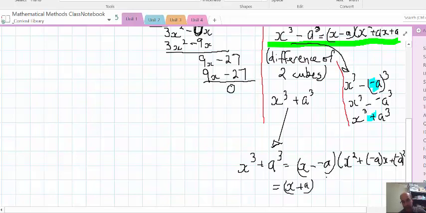That'd be x plus a, x squared minus ax plus a squared. So that's our second result. So x cubed plus a cubed equals x plus a times x squared minus ax plus a squared. So that's the second important result there.